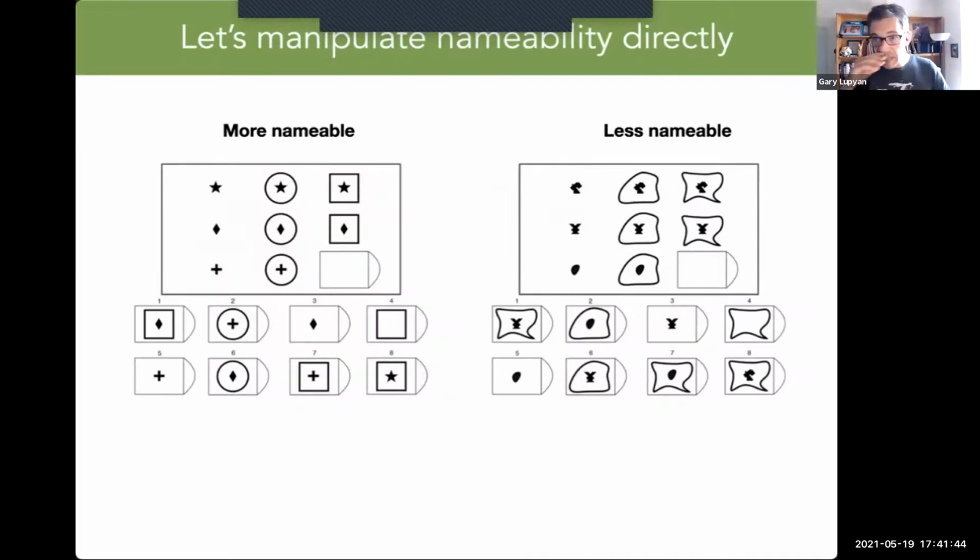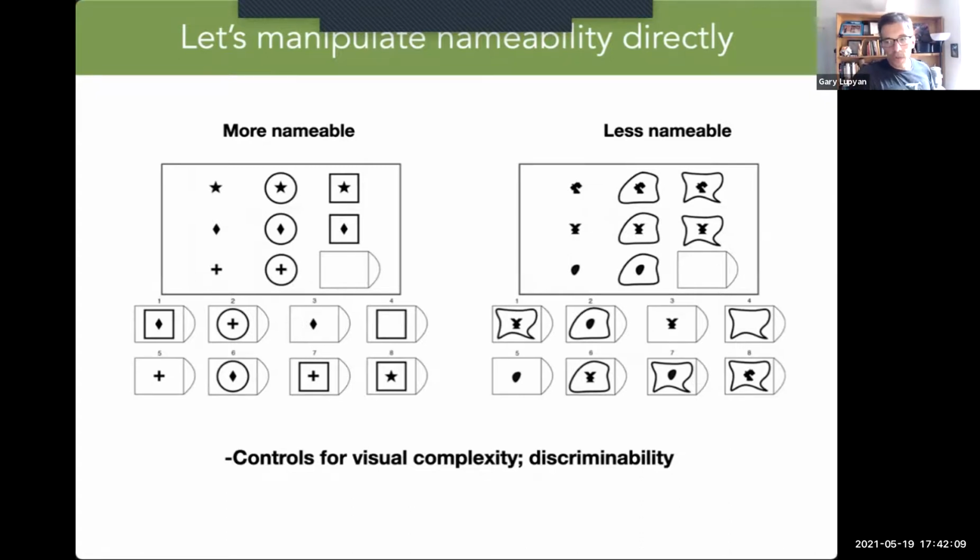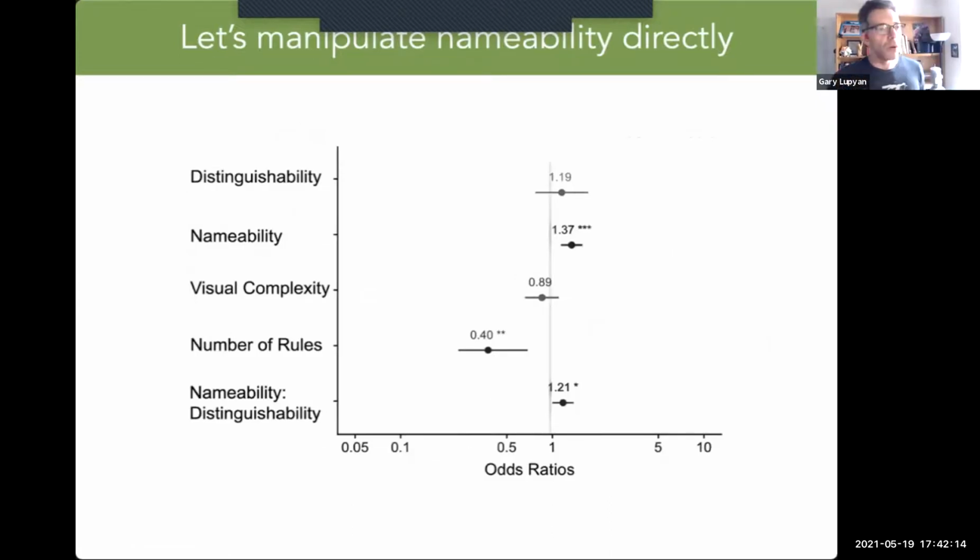We can also manipulate nameability directly by constructing our own matrix problems that hold the logic exactly constant. So this is the same problem. Obviously, these two problems are not shown to the same person. This is between subjects. But this one is composed of more nameable elements, stars and circles and squares, and this is composed of less nameable elements. We then control for visual complexity and visual discriminability. And what happens? Controlling for logical complexity, how many rules you need to solve it, nameability again matters.